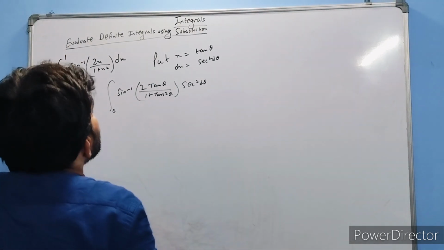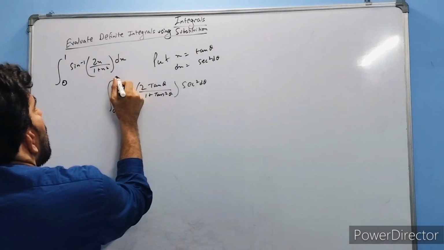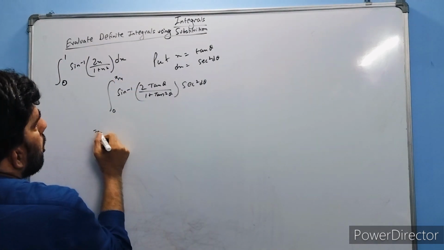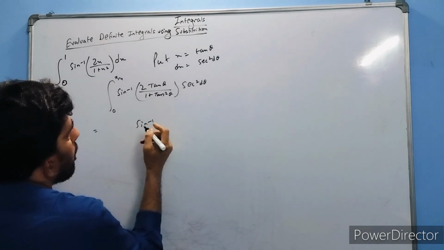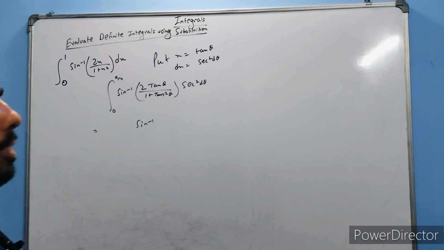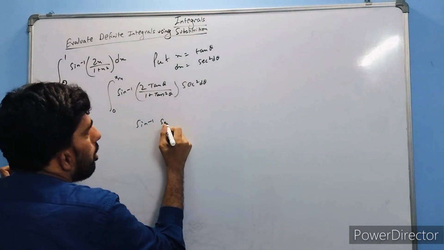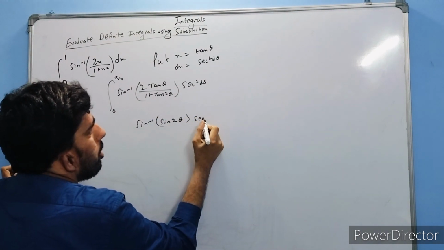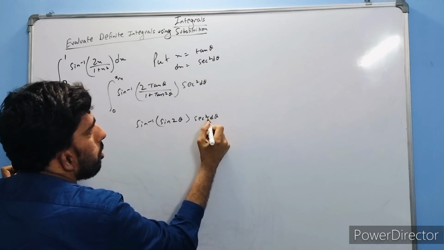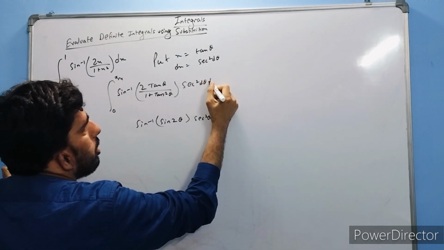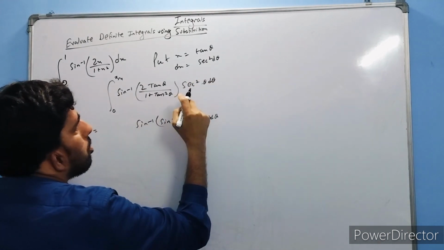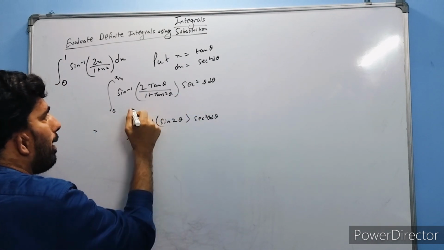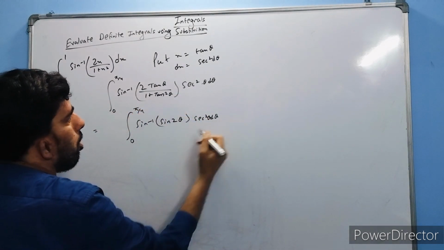And if x is 1, theta will be pi by 4. Okay, so we know the formula 2 tan theta upon 1 plus tan square theta is sine 2 theta, and we have sec square theta d theta. Okay, so now let us try to solve.